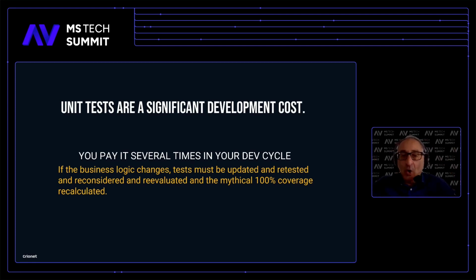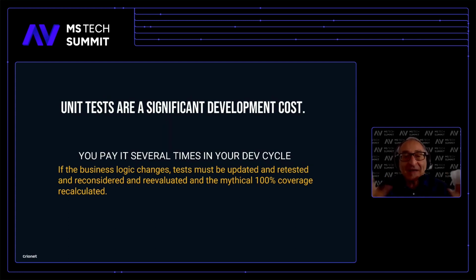The mythical 100% code coverage must be recalculated. Assuming that this chimerical 100% really exists, if it's valid for stage 1 of the code, when you refactor and move to stage 2, the right 100% code coverage must be recalculated in light of the new functions and the changes to the code.